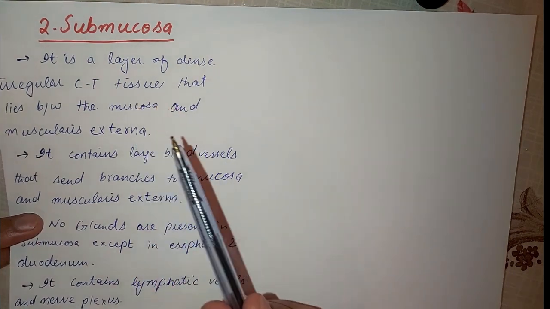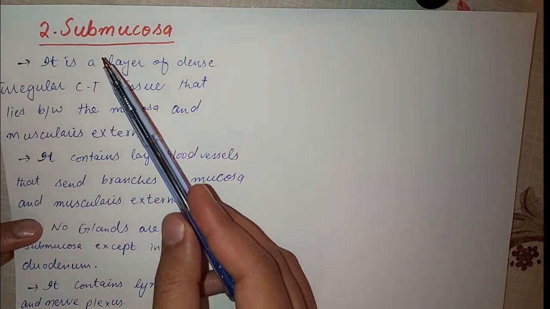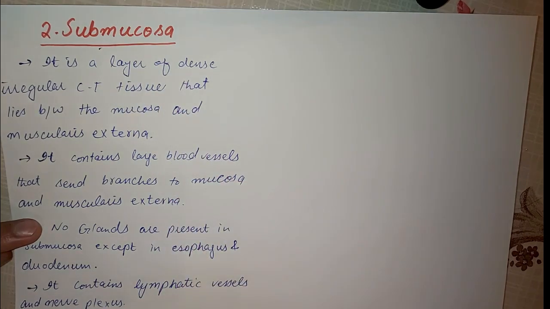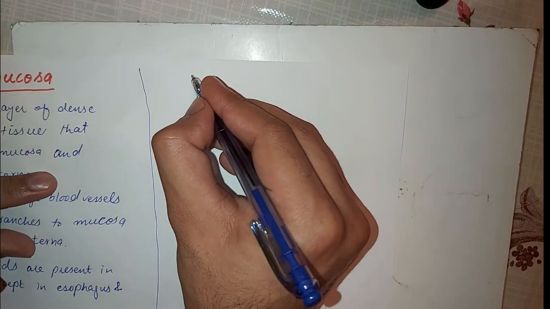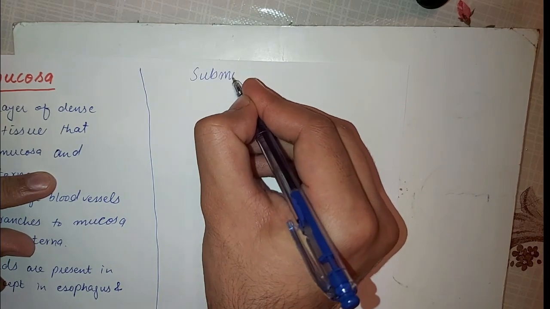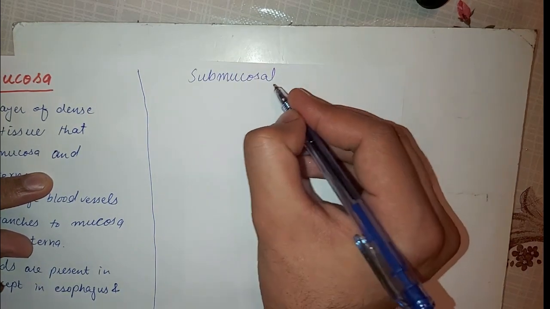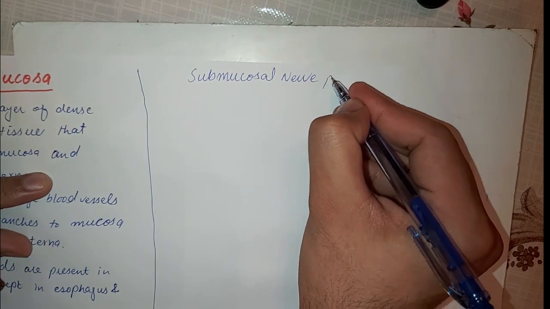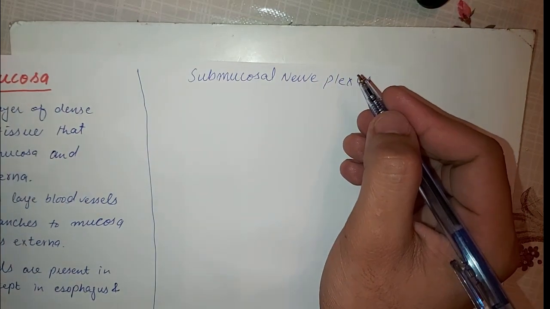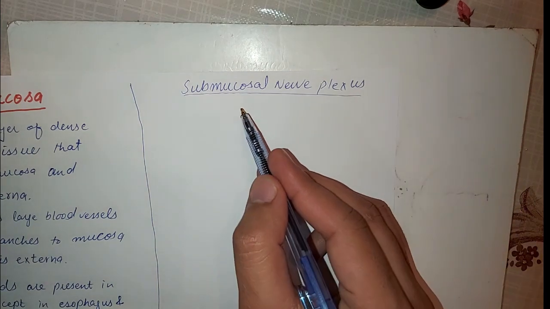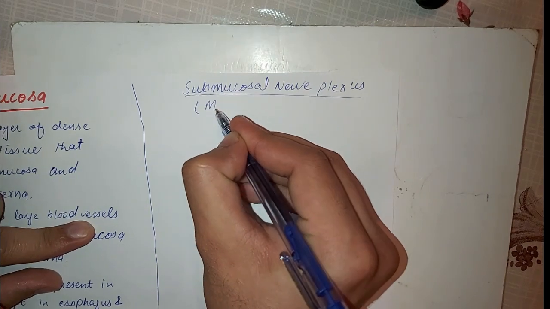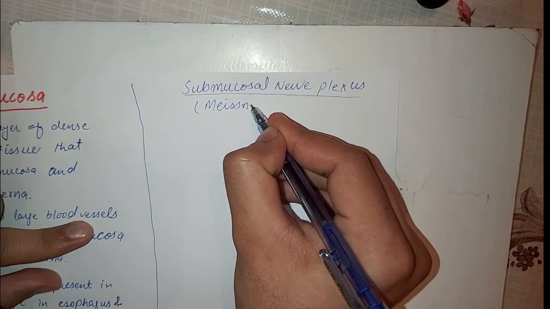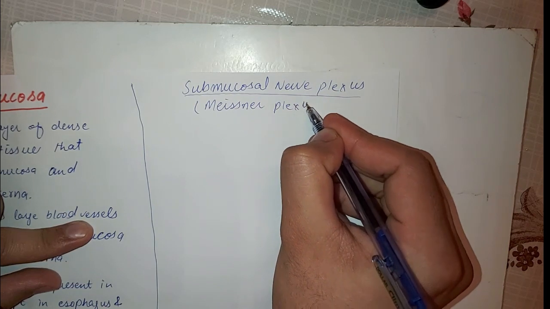We will see what the submucosal nerve plexus is. Submucosal nerve plexus is also known as Meissner plexus.